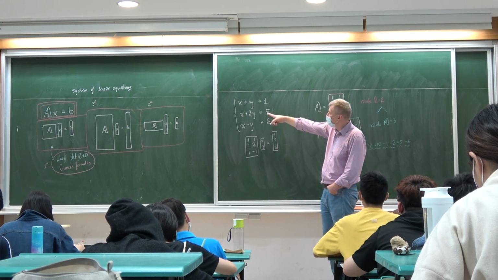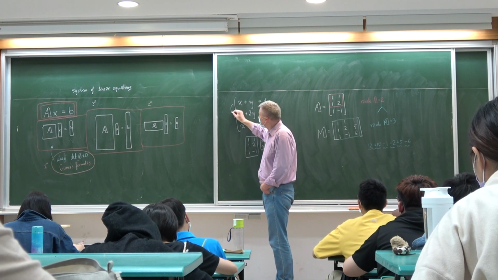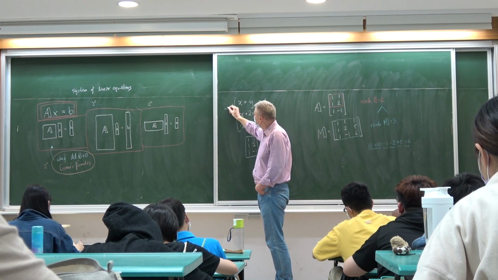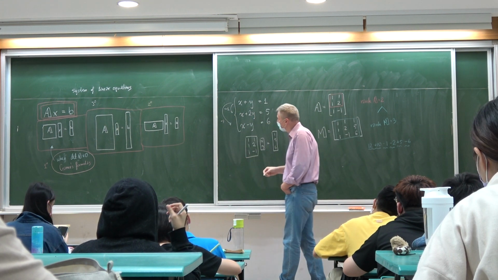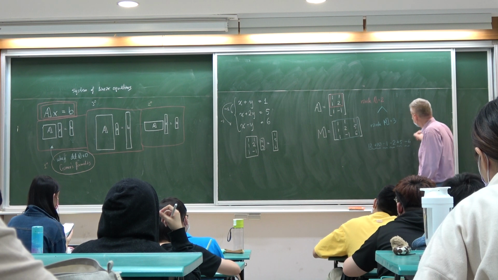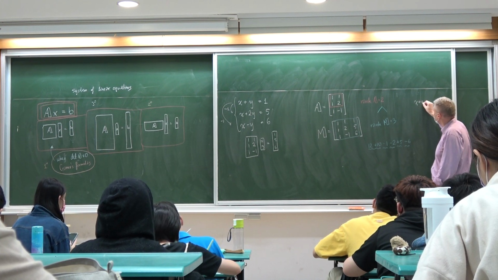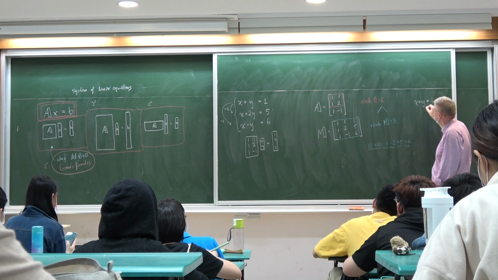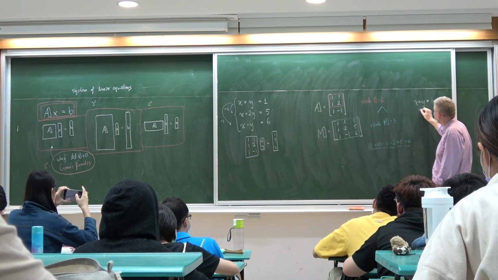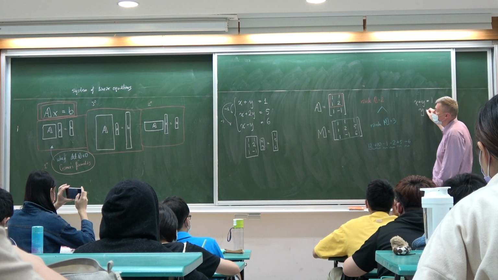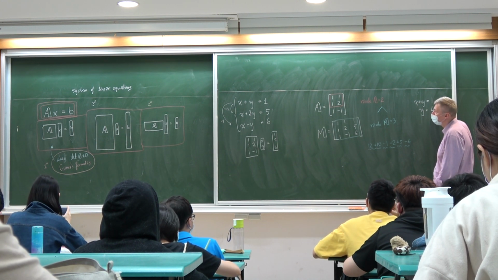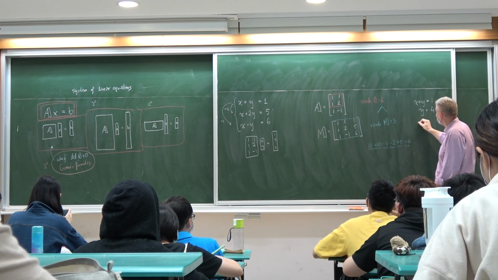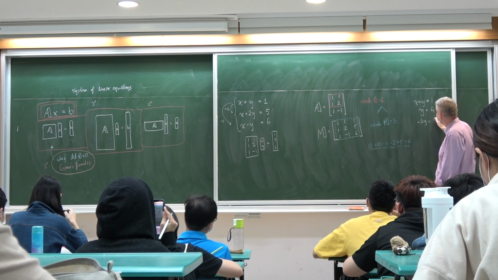For example, from that, you could subtract minus 1 time, and you can subtract minus 1 time, and this system of equations becomes x plus y equal 1, y equal 4, and the last one is minus 2y equal 5.